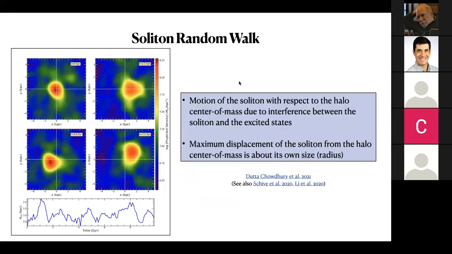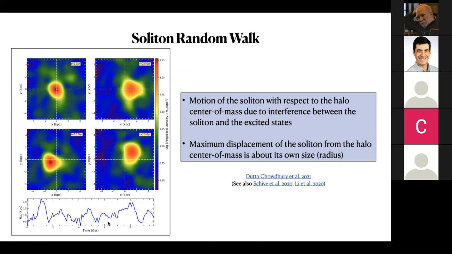Now another interesting feature of this halo, as I was trying to point out when we were looking at the movie, is the fact that the soliton also moves around with respect to the halo center of mass. What is shown here are 4 different time instants. First of all, the white crosshairs denote the center of mass of the halo. And then you see that the soliton is offset from the center of mass, and this offset keeps changing with time.